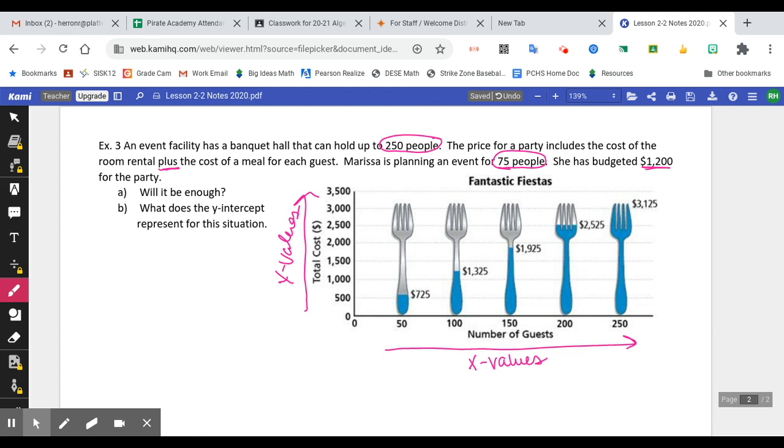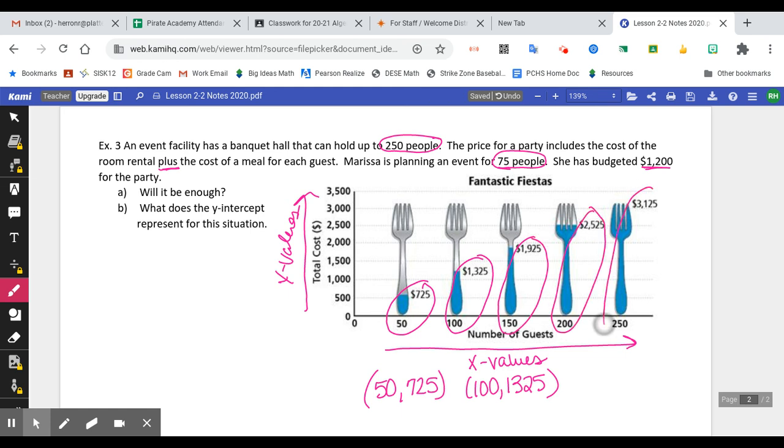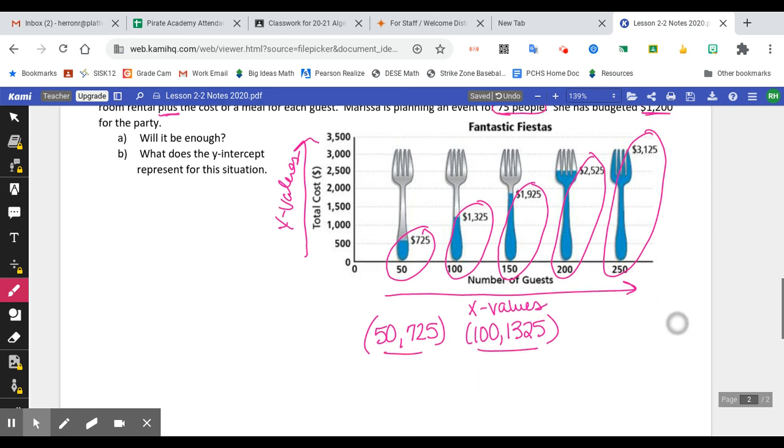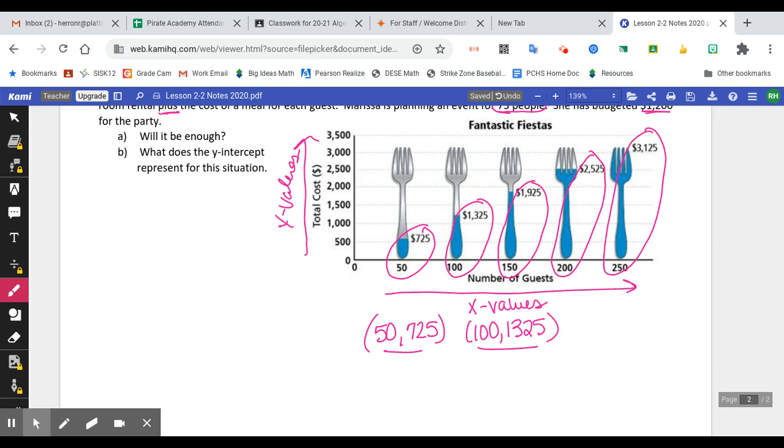So for instance, this one right here would be at 50 guests for x and $725 for y. This one would be another point, 100 guests in x and then $1,325 for y. So each one of these makes a point that the line goes through. So all you have to do is pick two of those points, and then we're going to do exactly what we were doing on the front.